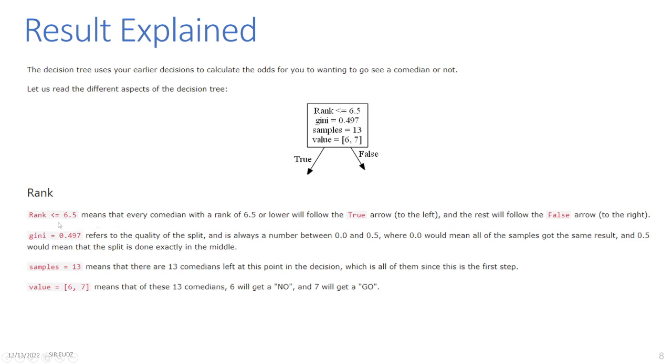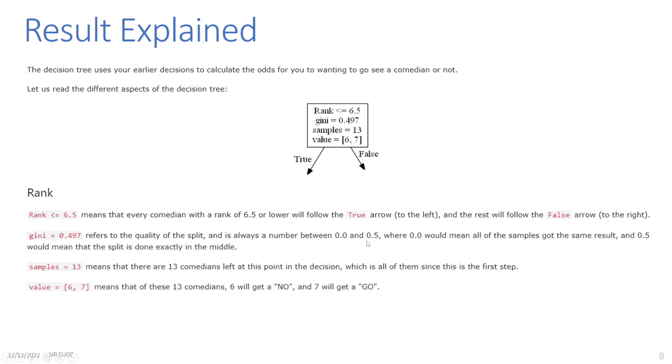Okay, the rank here, so less than or equal to 6.5, means that every comedian with a rank of 6.5 or lower will follow the true value arrow to the left, and the rest will follow the false arrow to the right.